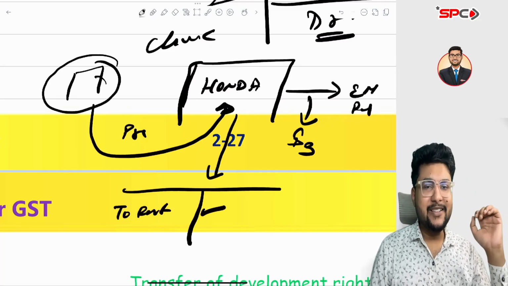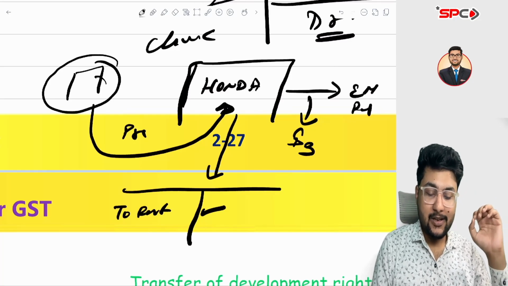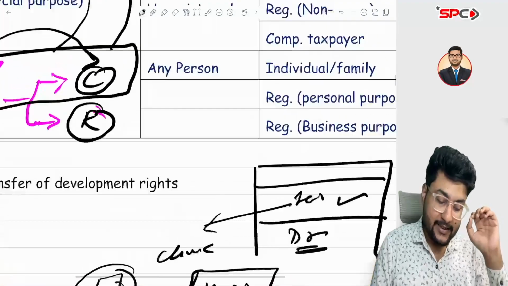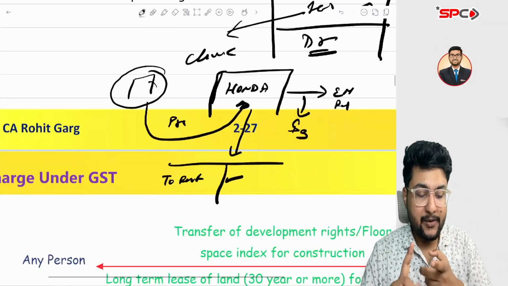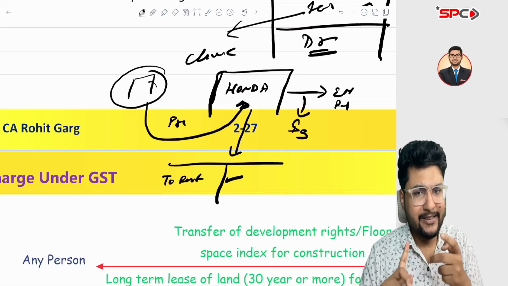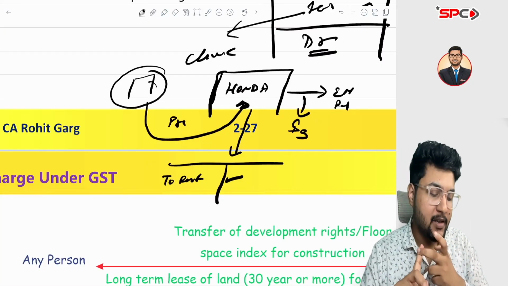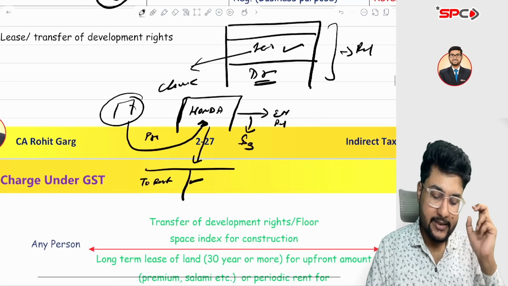If they are debiting this expense in the profit and loss account, then in that case Honda company will be required to pay the tax on the transaction between the landlord and Honda. There will be no tax between Honda and the employee. Was it clear? Yes, sir.